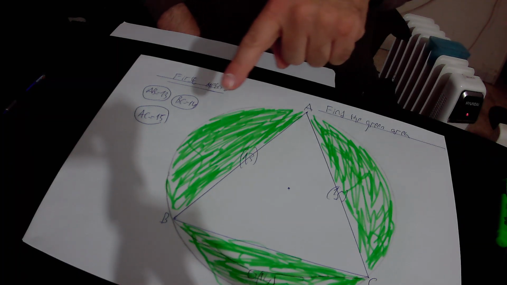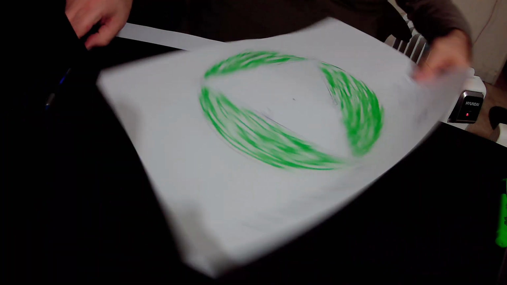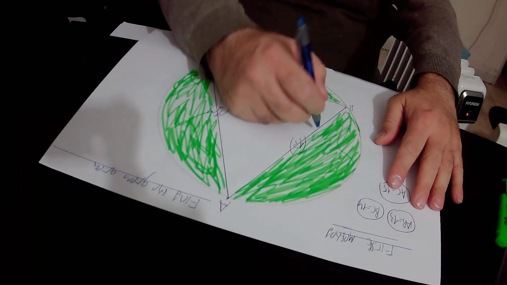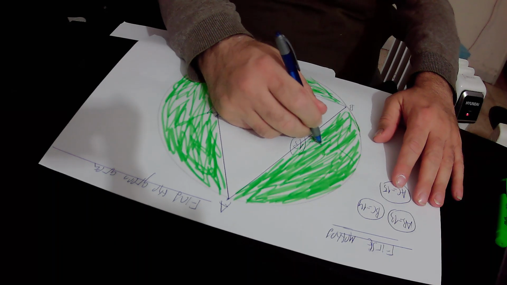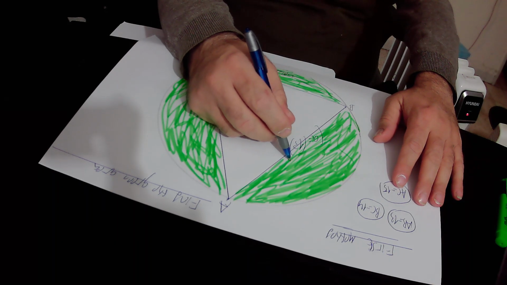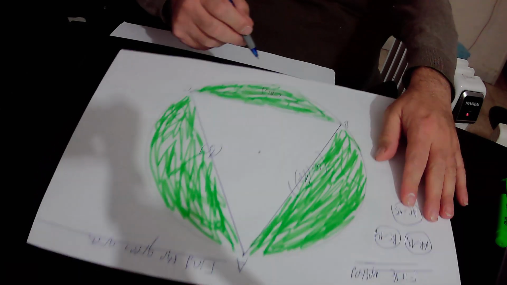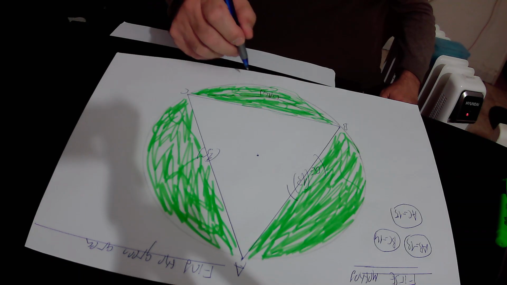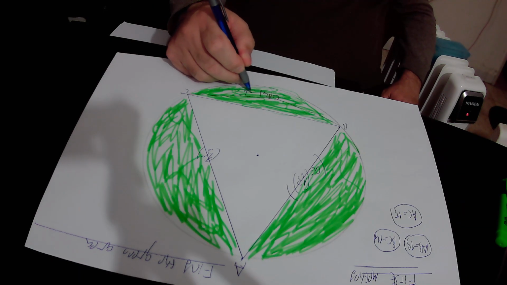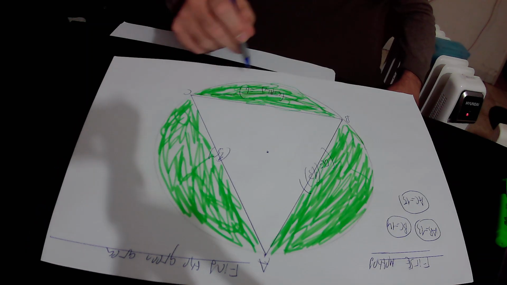First of all, we define the length of side AB as A. We know that the length of side AB is 13, therefore A equals 13. We define the length of side BC as B, and we know that B equals 14 units in length.